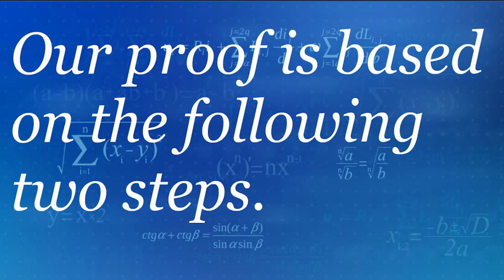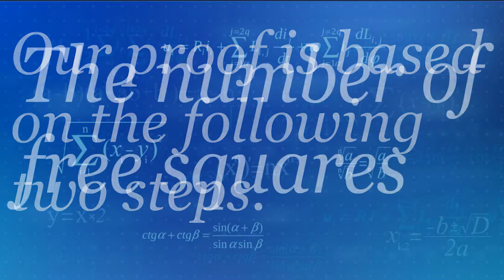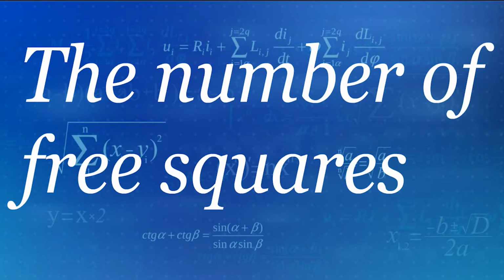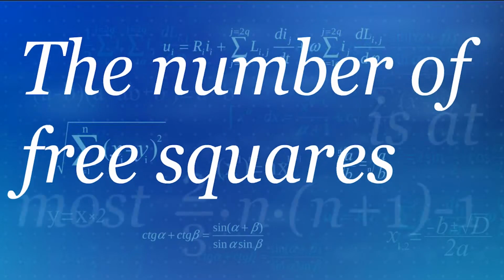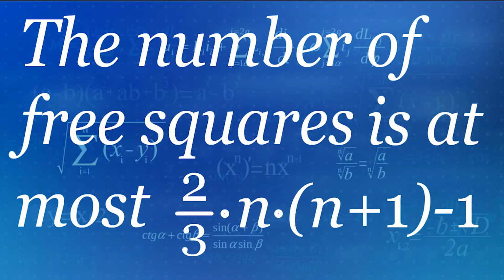We will prove our assertion with the following 2 steps. In the first step, we will show that the number of free squares cannot be greater than 2/3 multiplied by n multiplied by (n plus 1) minus 1.